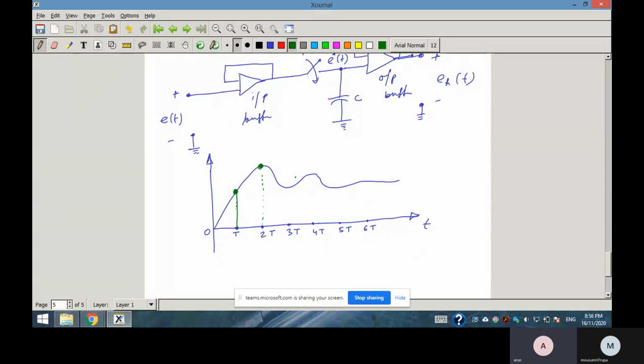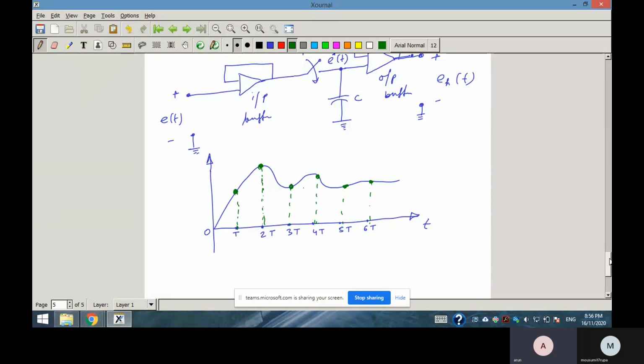Similarly at 3T, what will be the star value? This one. Similarly at 4T, this one. 5T, this one. 6T, this one. And so on.